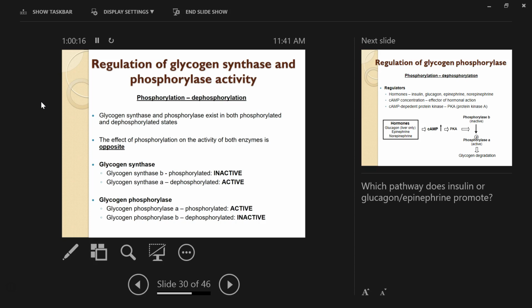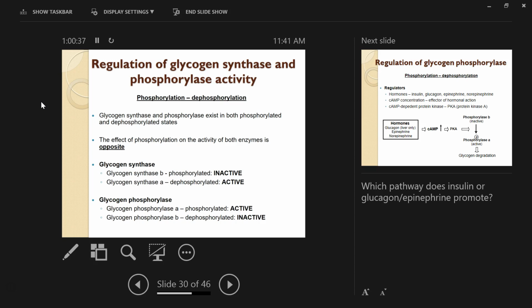So phosphorylated glycogen synthase is inactive, and dephosphorylated glycogen synthase is active. It's different from most cases.